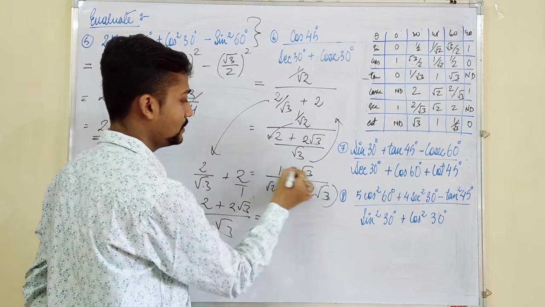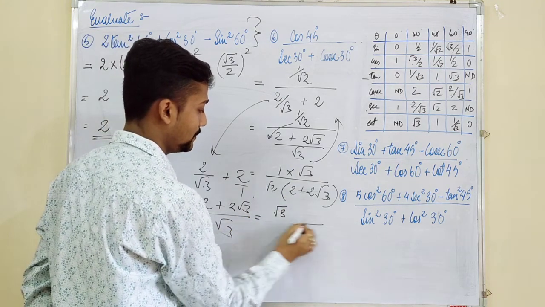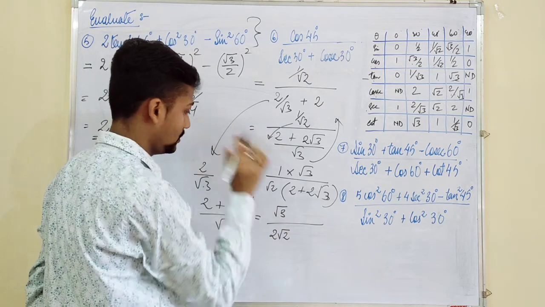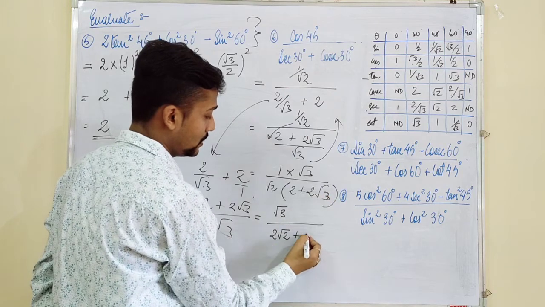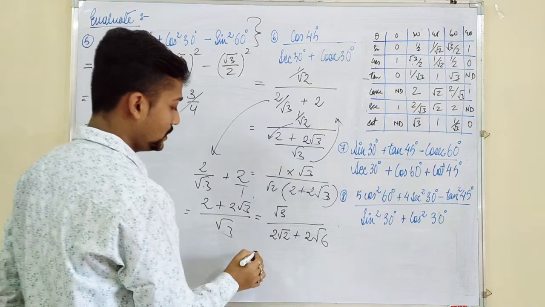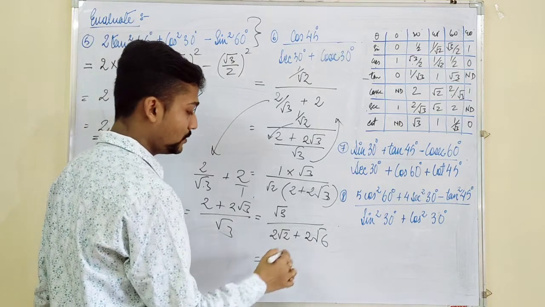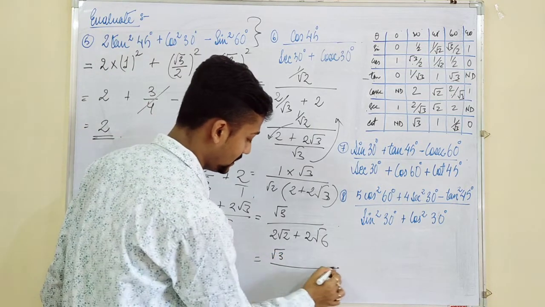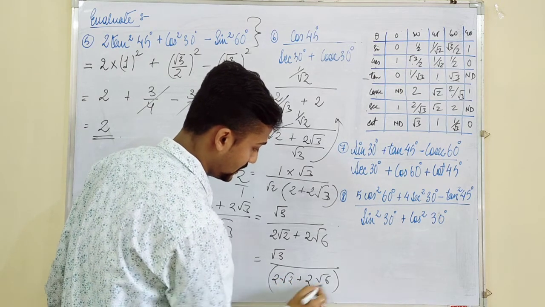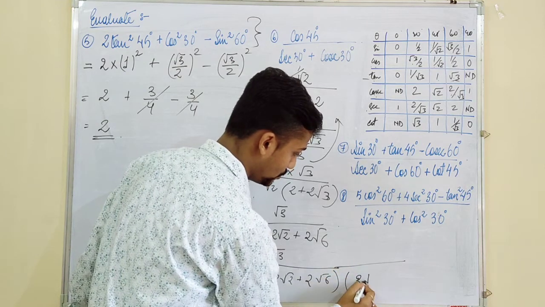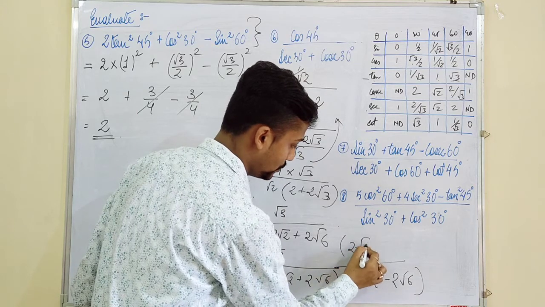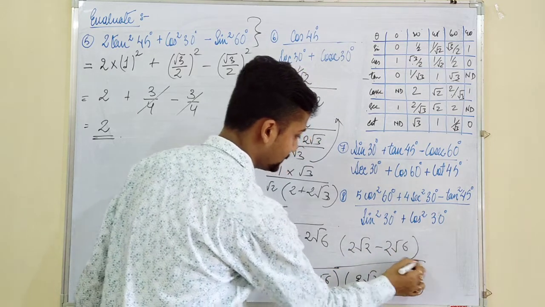So the answer will be root 3 by 2 into root 2, equal to 2 root 2, plus 2 root 6. Now if you want to remove this particular part, multiply by 2 root 2 minus 2 root 6 on both top and bottom.